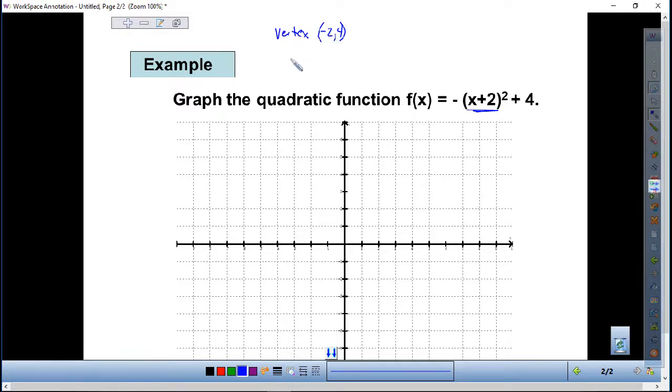All right, and what do we also know? From that, we know the axis of symmetry is going to be x equals negative 2.